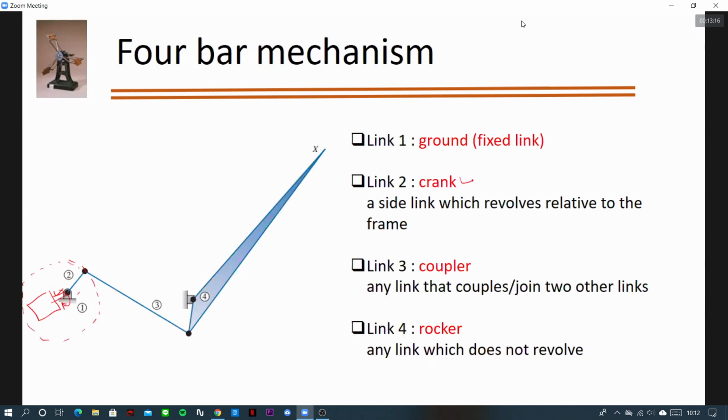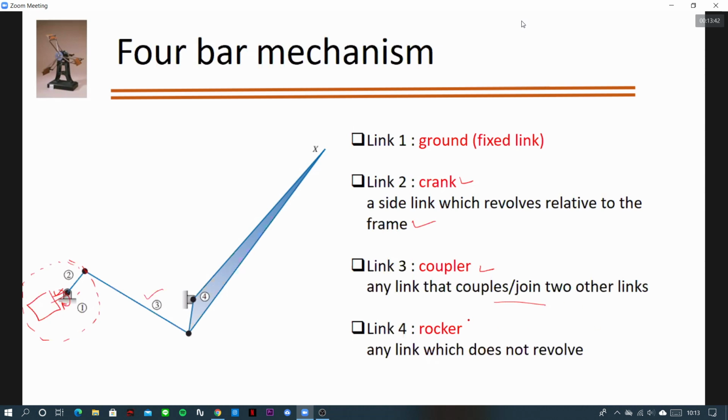And that's why we call it a crank. So it's a side link which revolves relative to the frame. Okay. So around the frame, it will rotate. Then you have a coupler. So the coupler is connecting this rotating link with the last link. That's your 4th link, and link 3 is your coupler. So any link that couples or joins 2 other links is called a coupler.